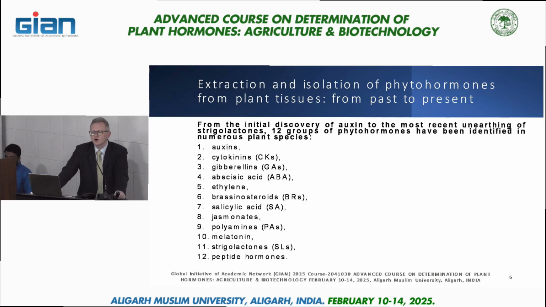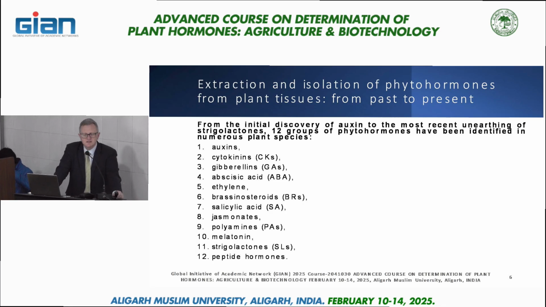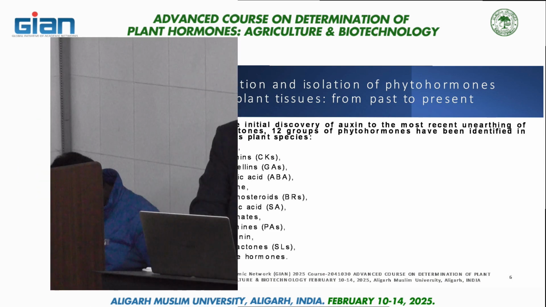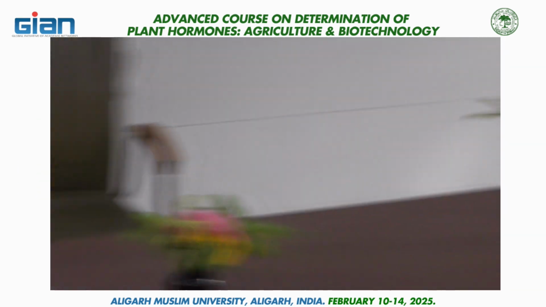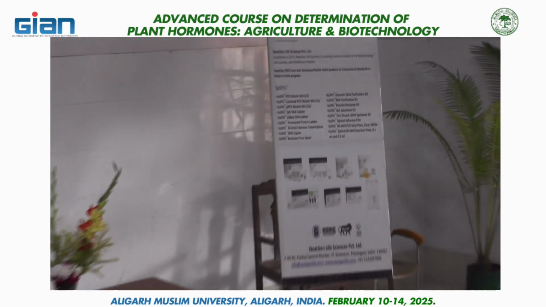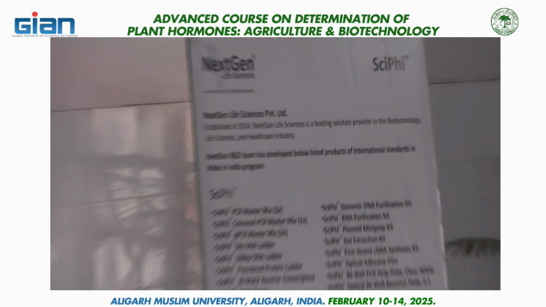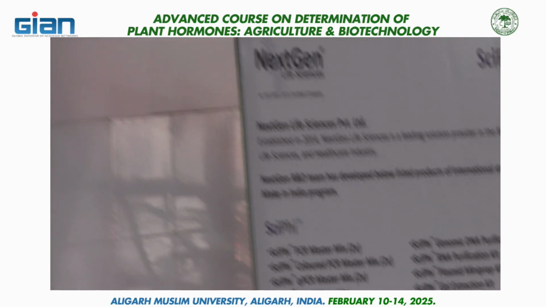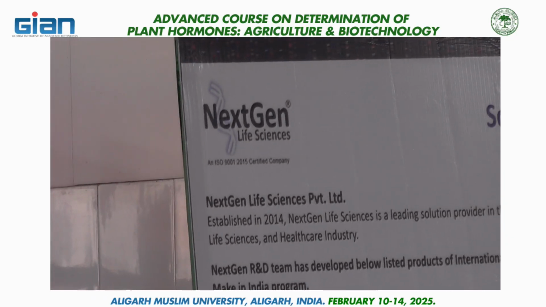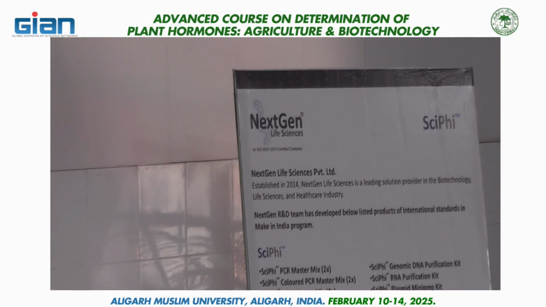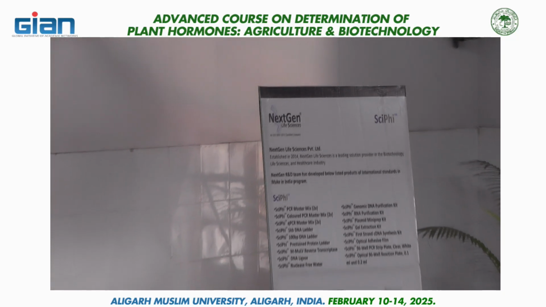Each phytohormone is structurally unique, ranging from simple molecules like ethylene to complex polycyclic structures such as gibberellins and brassinosteroids. This diversity in structure and function means that a single extraction method cannot be universally applied to all phytohormones. Instead, customized strategies must be used depending on the hormone's chemical nature, polarity, and cellular localization.